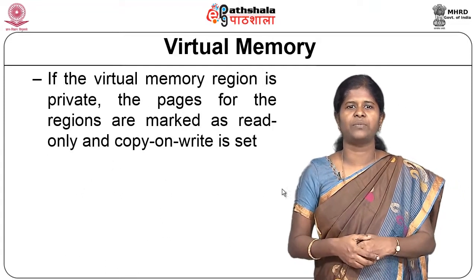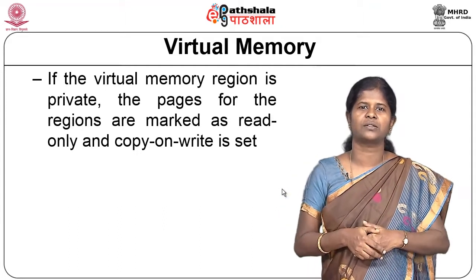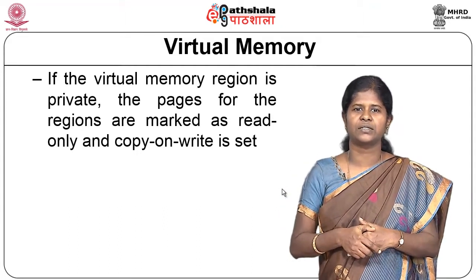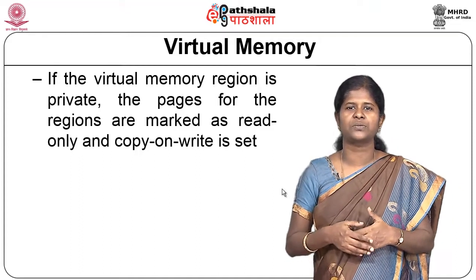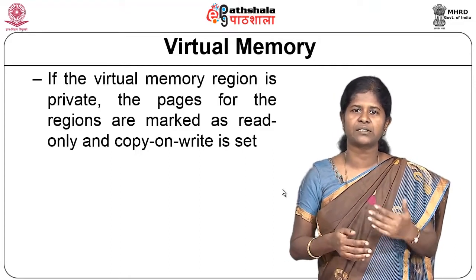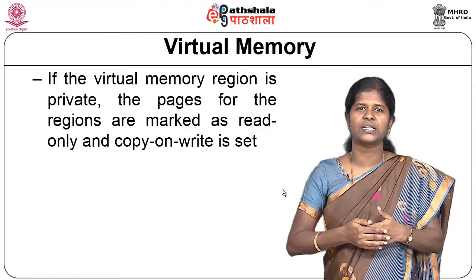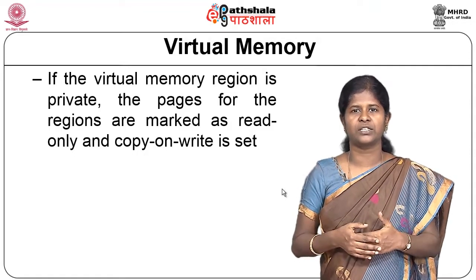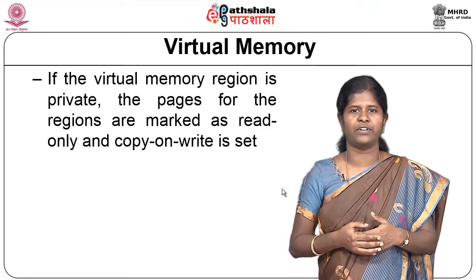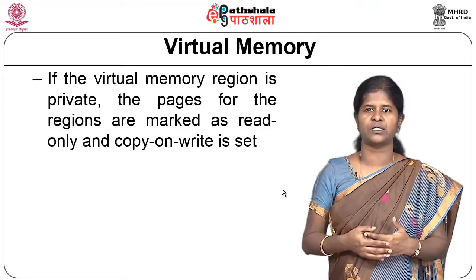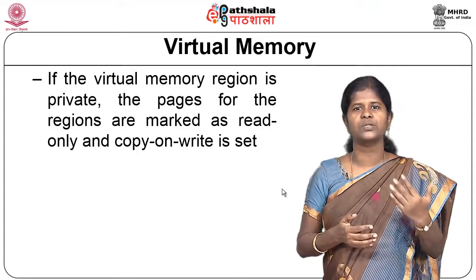So, if the virtual memory region is private, then in that case the pages for the regions are marked as read only and the copy on write bit is set. As I told you, if it is a text region, then in that case the parent and the child can continue to share the same region. But if it is a private region, say for example, if it is a data region, so the parent will have its own data.